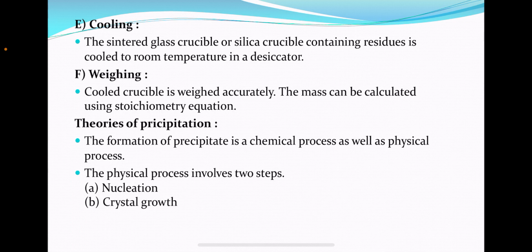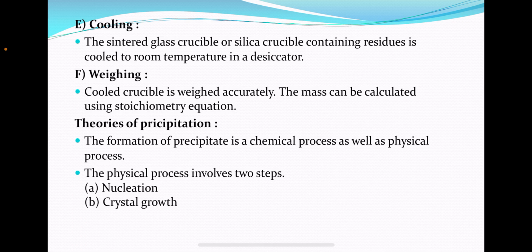If the precipitate or compound which we are analyzing is moisture sensitive, then it will again absorb the water molecules from the moisture present in the environment. To avoid that, we have to keep that substance in the desiccator.